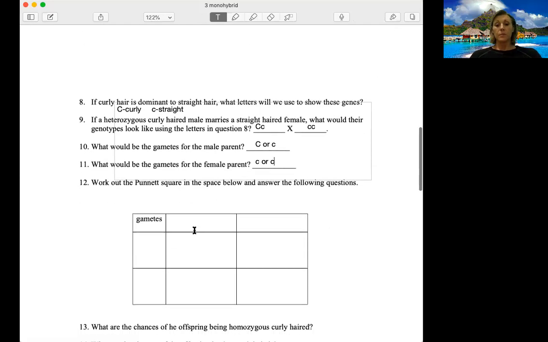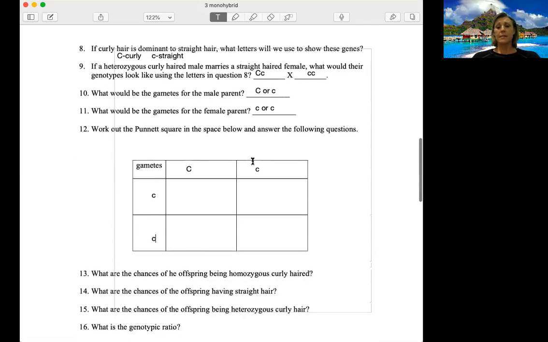So work on the Punnett square below. When you set these up, you are going to put either parent on top or on the side. If you put the mom on top, it would be little c, little c. But let's put the dad on top. We'll have big C, little c. And then the mother is on the side, little c, little c.